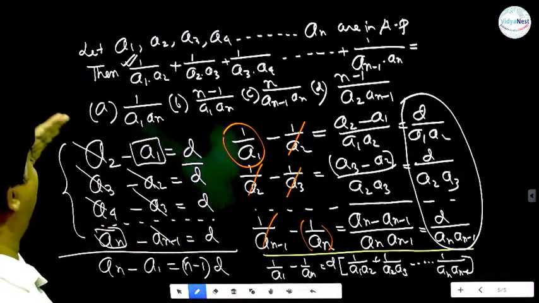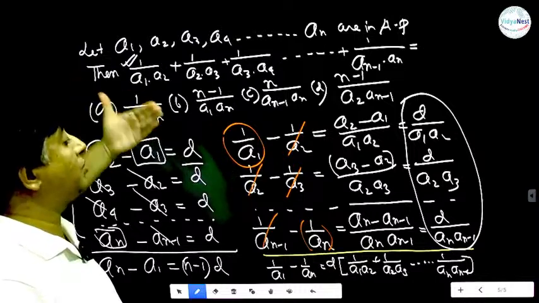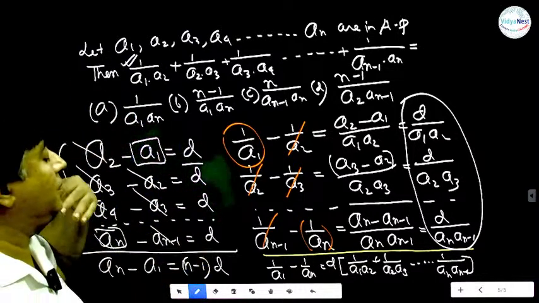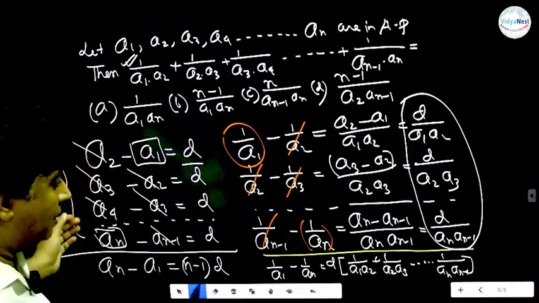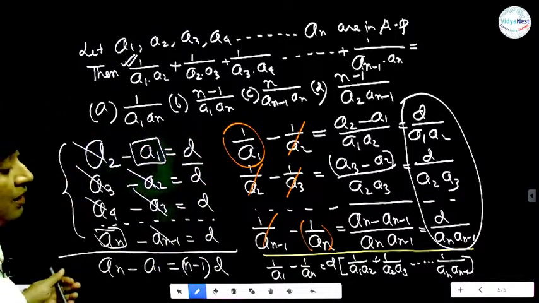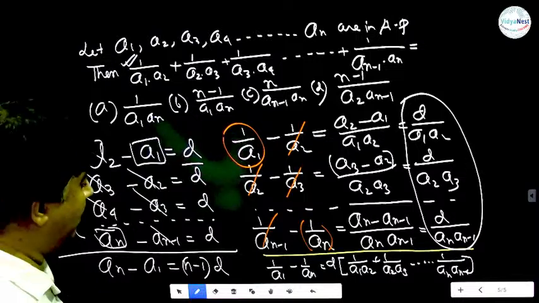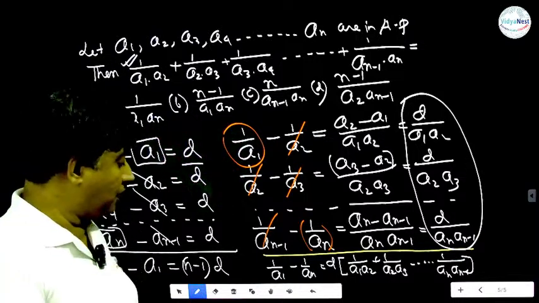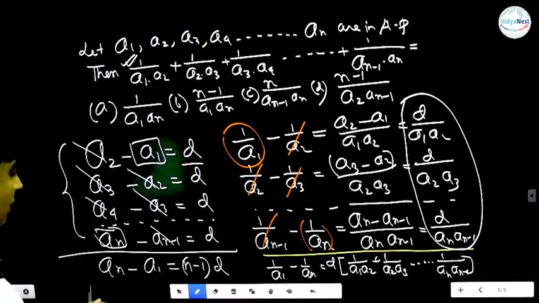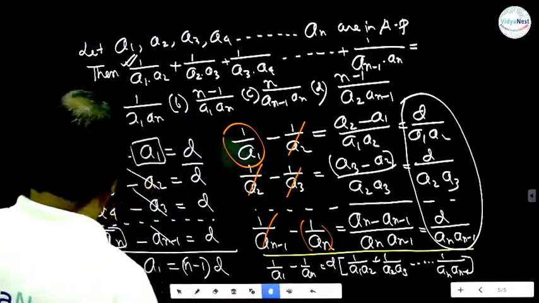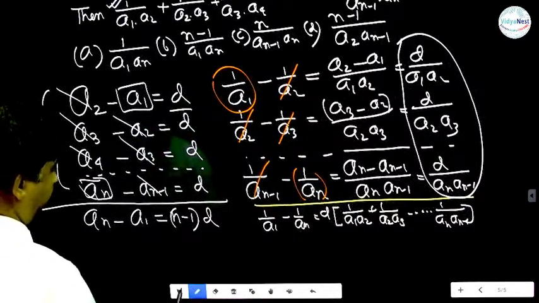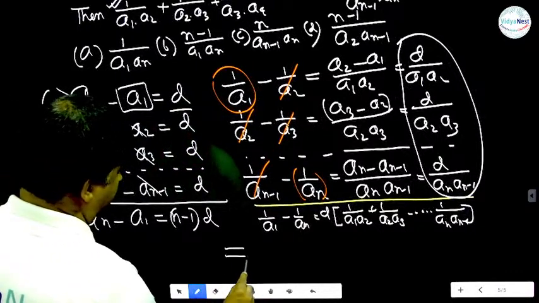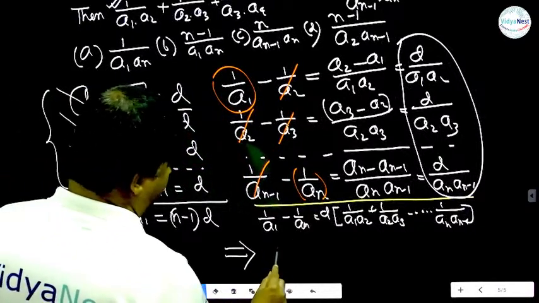Which seemed to us next to impossible, right now it seems to us possible. The conclusion of this sum is knocking at our door. So take the LCM.